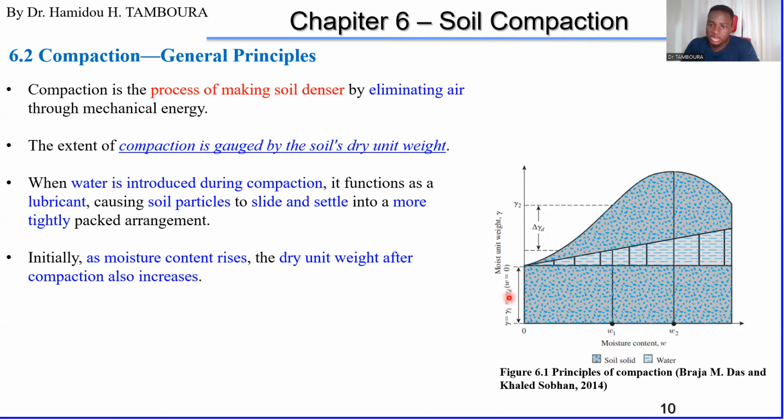Please remember, this is just dry unit weight, okay? Dry unit weight. And this is water content. So by adding water, by increasing the water content, the dry unit weight increases. Okay, like that. This is what this figure is telling us.